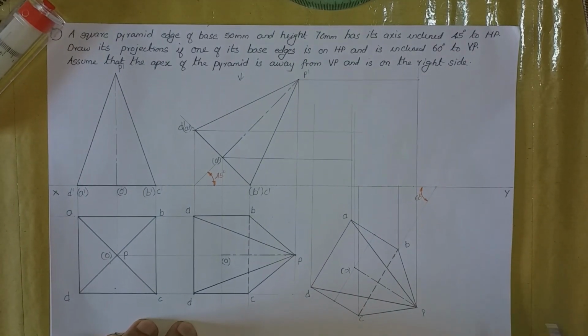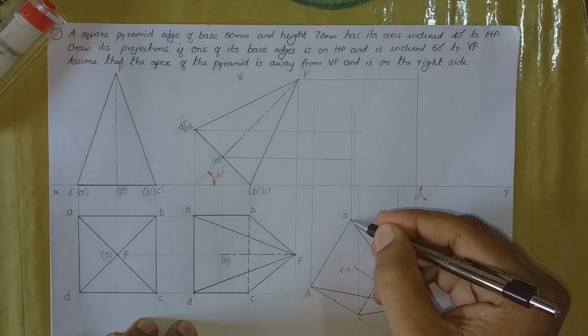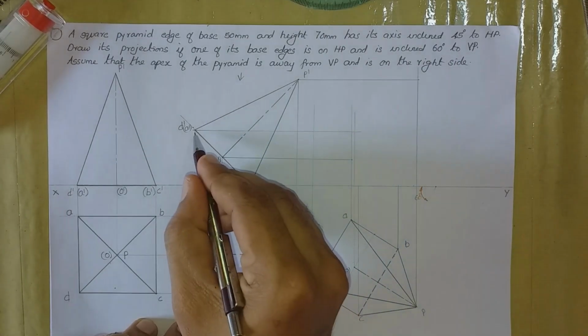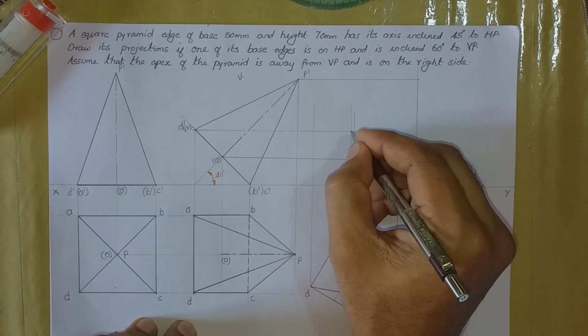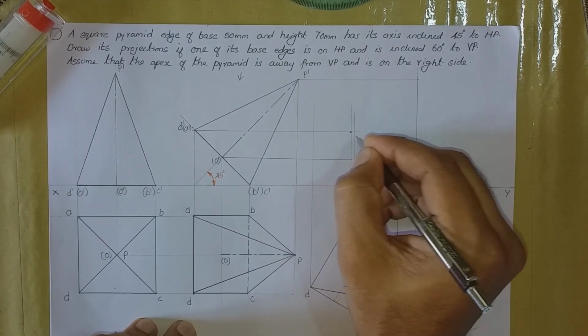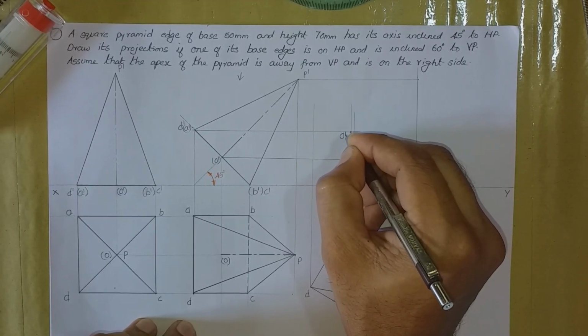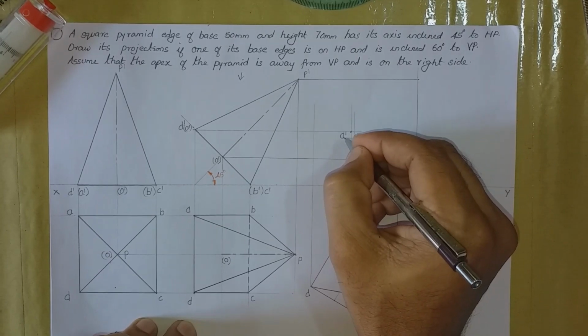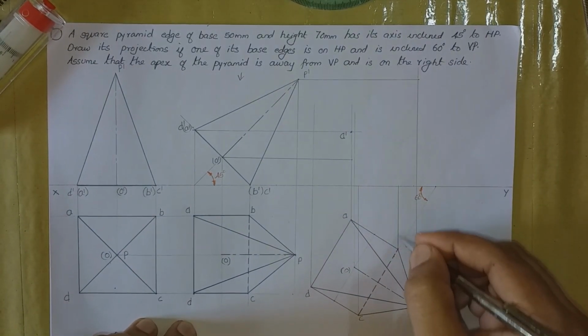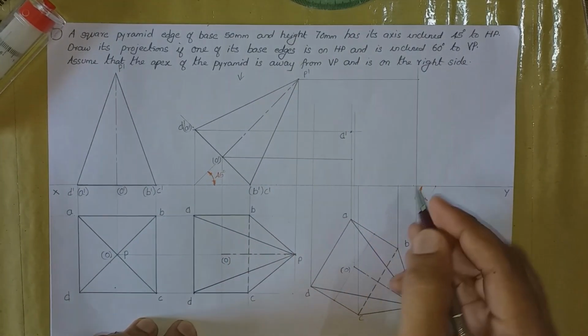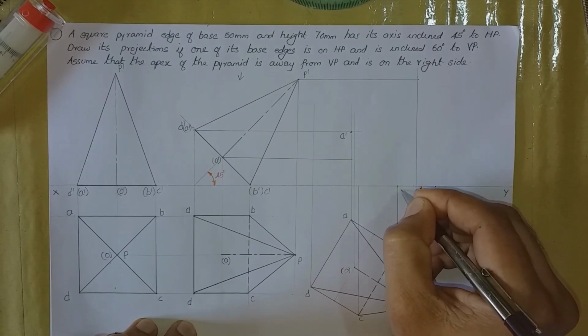We shall start from A. So this is the projector of A and this is also the projector of A. So this will be point A dash because it is a front view. Now it is B. So this is the projector of B and this is the projector of B. We shall mark it as B dash.